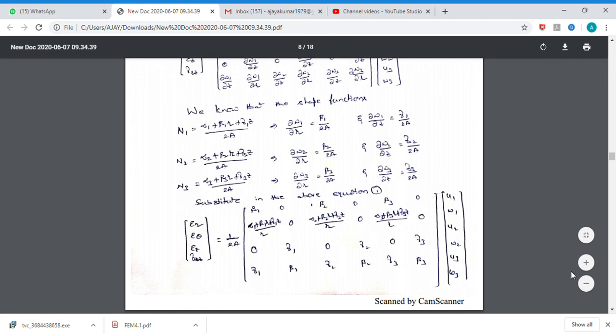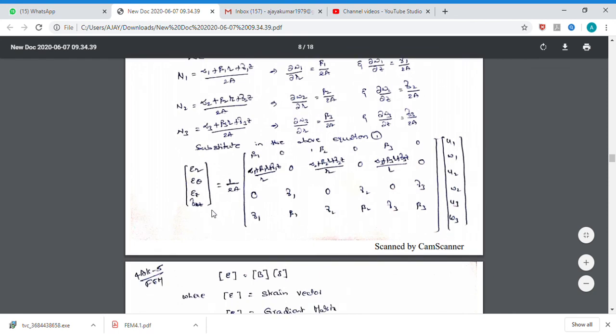If you substitute the entire relations, epsilon r, epsilon theta, epsilon z, gamma of rz is equal to 1 by 2A times the matrix with rows: beta 1, 0, beta 2, 0, beta 3, 0; alpha 1 plus beta 1 r plus gamma 1 z by r, alpha 2 plus beta 2 r plus gamma 2 z by r, alpha 3 plus beta 3 r plus gamma 3 z by r; 0, gamma 1, 0, gamma 2, 0, gamma 3; gamma 1, beta 1, gamma 2, beta 2, gamma 3, beta 3.